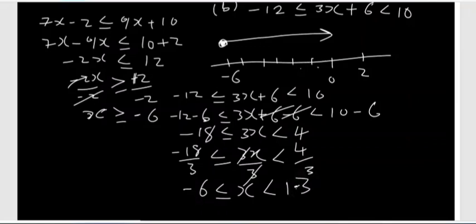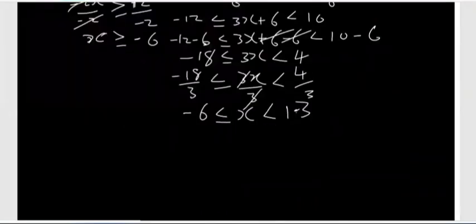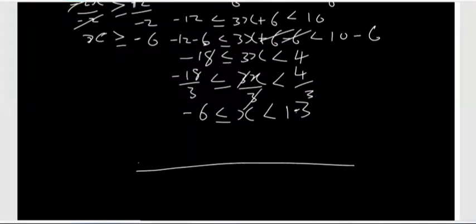So on a number line, what do we do? To represent this on a number line, we have the number line. Here is minus 6, maybe here is 0, here is 1, 2, 3.